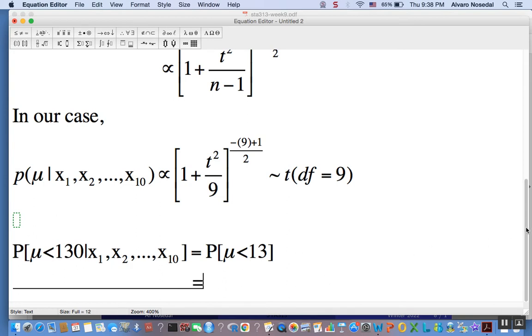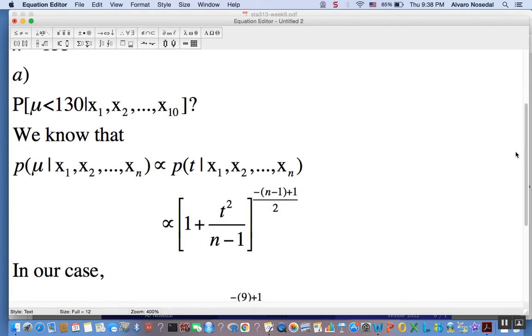If you recall, we had to go from mu to t. We had to do this transformation because when we first obtained an expression for the posterior distribution of mu given the sample, it had a kernel that we couldn't recognize.